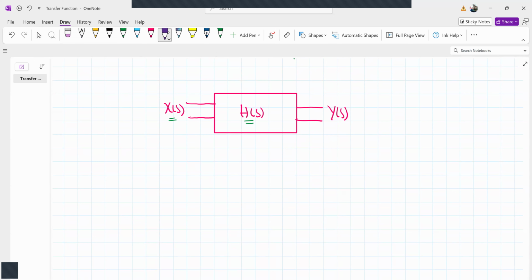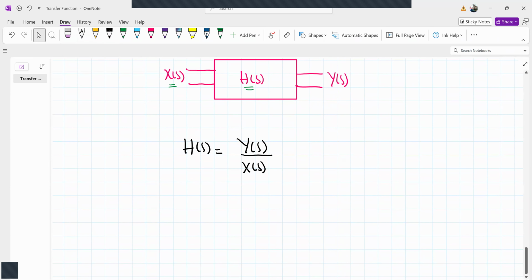What is the definition of the transfer function? Transfer function H(s) is simply given as Y(s) divided by X(s). So Y(s), that is the output in transform domain, is H(s) multiplied by X(s).